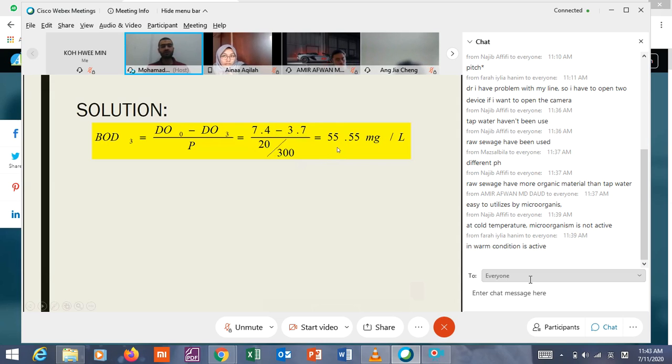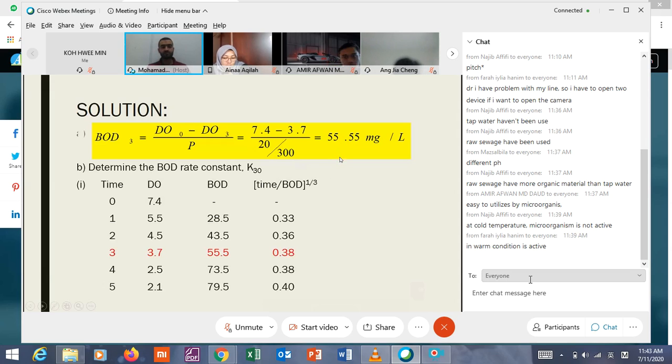So the final answer is 55.55. The second requirement: we want to determine the rate K. We agree that the rate K has to be determined from the plot between time and this term.